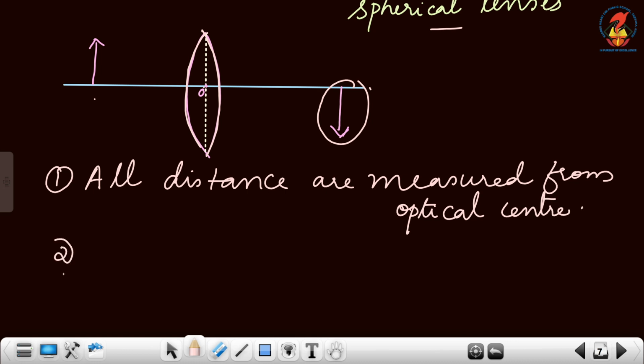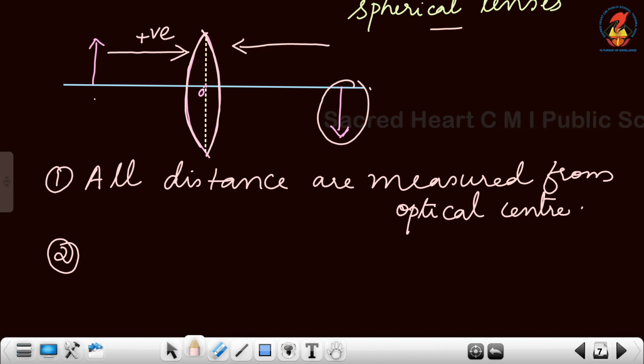The second assumption is the distance measured in the direction of light is taken to be positive, while the distance measured in direction opposite to that of the light is taken as negative.